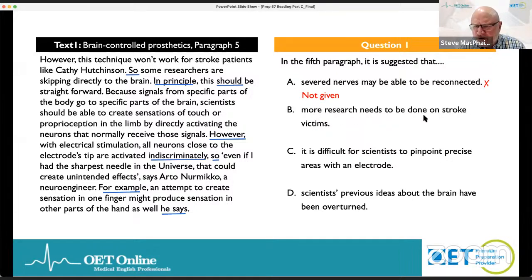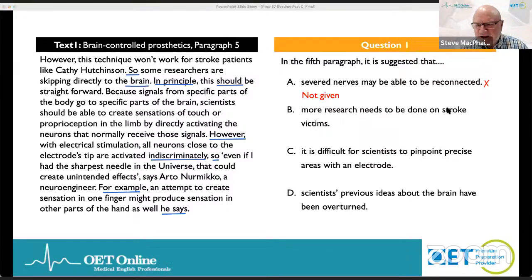More research needs to be done on stroke victims. Oh, I did read about stroke. We got stroke patients, right? And there's a technique that won't work for stroke patients. So some researchers are skipping directly to the brain. It says more research needs to be done on stroke victims, but this says researchers are skipping to the brain.